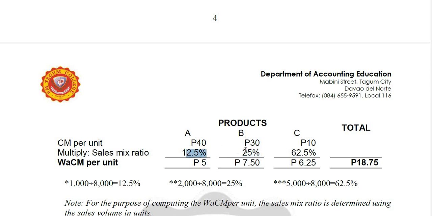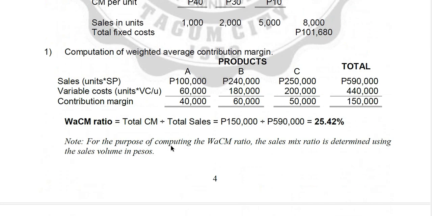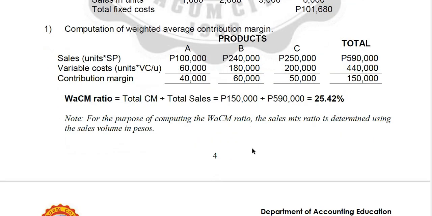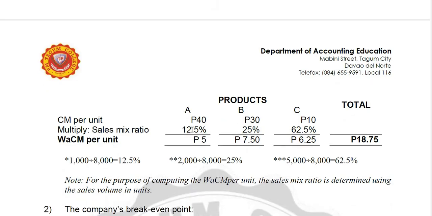Paano ito na-compute? That's again, 1,000 divided by 8,000. So, yung ating given dito na sales in units, yun yung basis mo sa sales mix mo. So, 1,000 divided by 8,000, 2,000 divided by 8,000, 5,000 over 8,000. So, ito yung kanyang ratio.